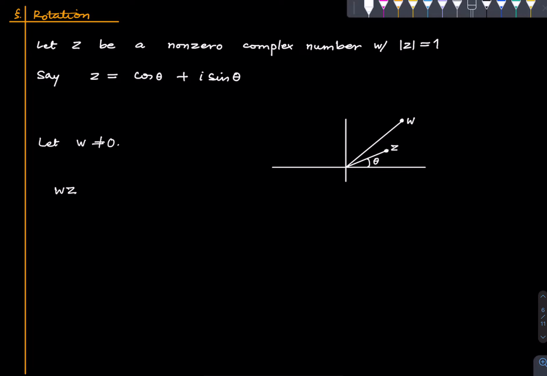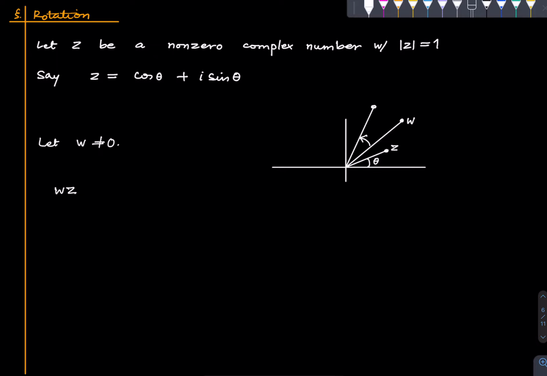This has magnitude same as w, so it is going to lie on this circle somewhere. And its argument is just the argument of w plus the argument of z. An argument of w is this one, and if you add theta to it, you get this complex number.